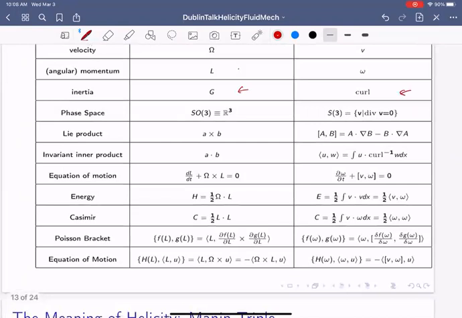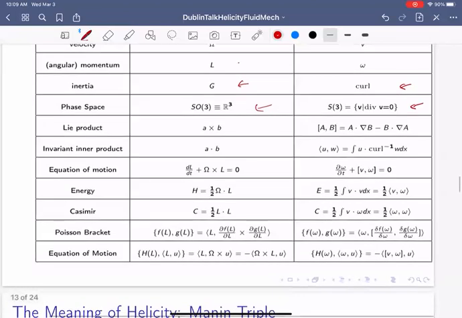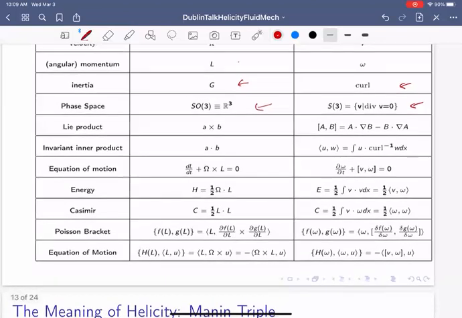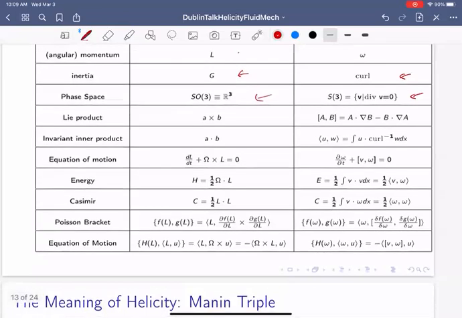The underlying configuration space is the Lie group SO(3), and its Lie algebra is the Lie algebra of vectors in the case of the rotation group. In the case of the fluid, the underlying configuration space is the group of diffeomorphisms, and the infinitesimal version is the Lie algebra of divergence-free vector fields.